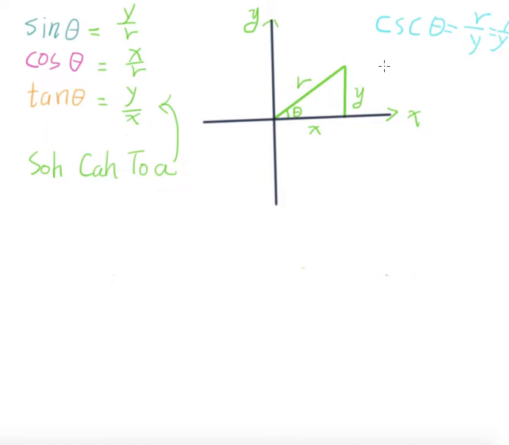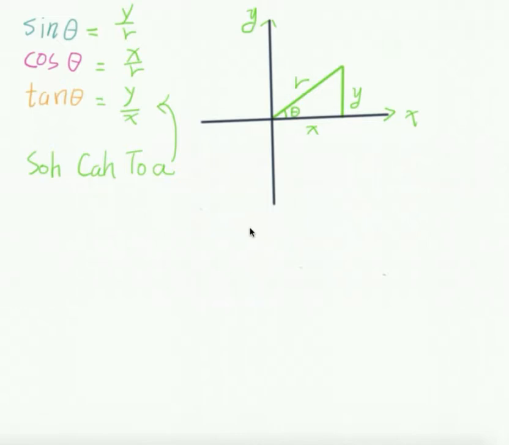The next one is the reciprocal of cosine, secant theta. It equals r over x, or 1 over x if r equals 1. And the reciprocal of tangent theta is cotangent theta. It equals x over y.